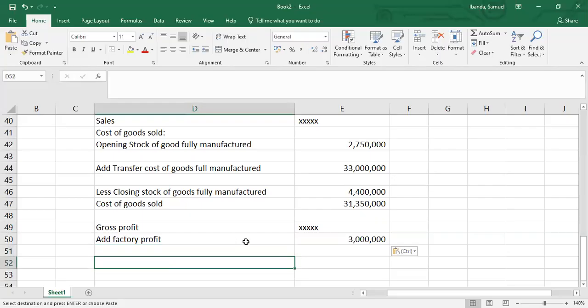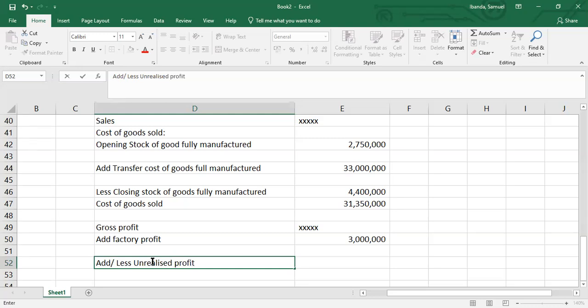Now, after you've added the factory profit, one of the other things you should do is add or less your unrealized profit on inventory.